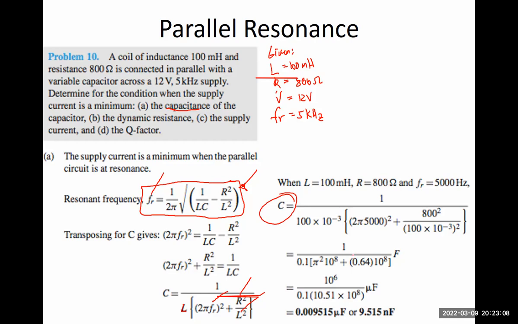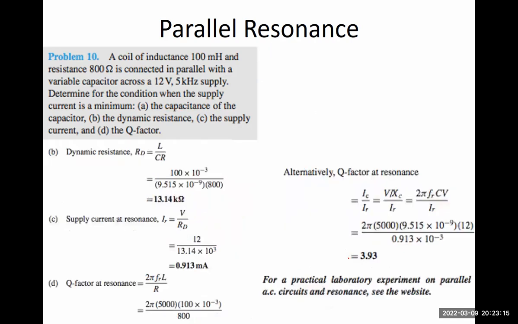And then to determine the dynamic resistance, RD is equal to L over CR. We have L, we have C which we got earlier, and then we also have the R. So L is 100 times 10 to the negative 3 Henry, a capacitance of 9.515 nanofarad, and a resistance of 800 ohms.